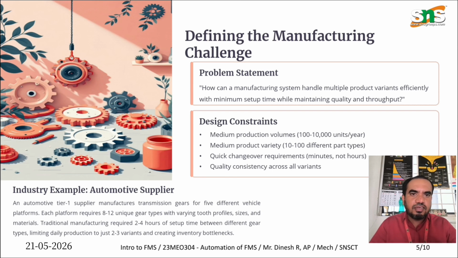So traditional manufacturing requires 2 to 4 hours of setup time between different gear types, limiting daily production to just 2 to 3 variants and creating inventory bottlenecks. So it's clearly stated these are the places where FMS can be used effectively.